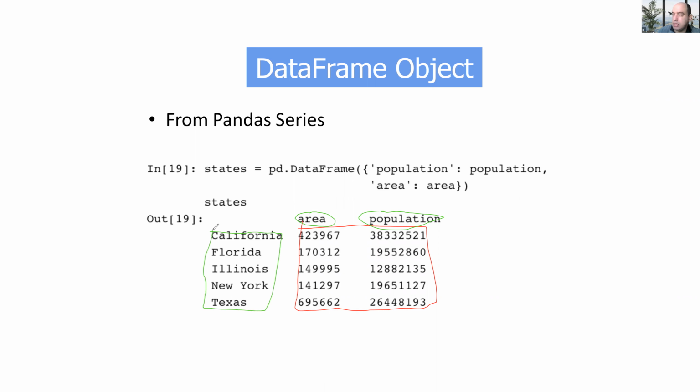Okay, so this is the difference between a table and a two-dimensional array. A table also has titles for both our columns and for our indexes. So this allows us to understand better what this table means, what these numbers mean.